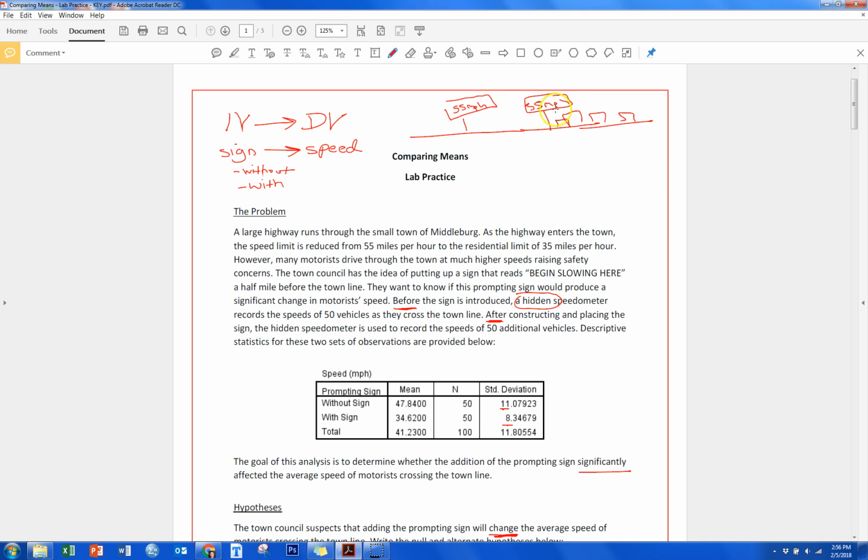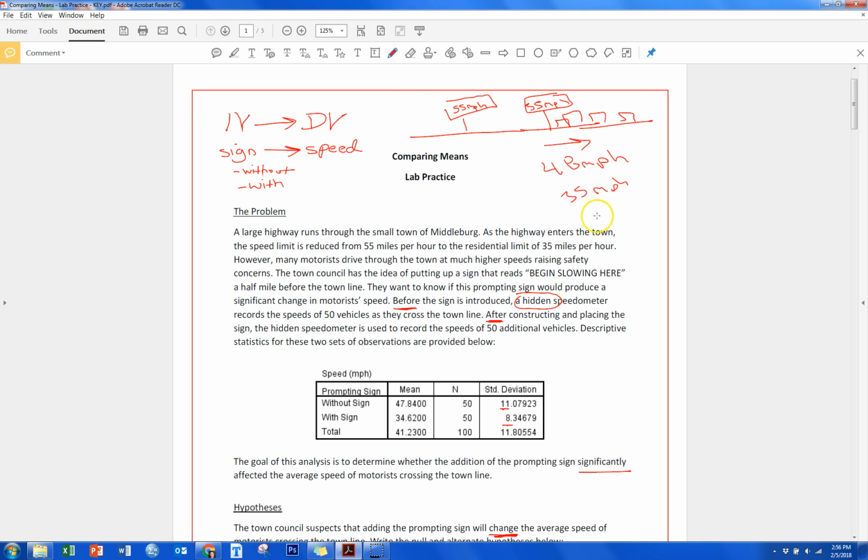So here's how fast they're supposed to be going. We're measuring their speed right around here. They're supposed to drop speed from here to here. So let's see what happened. Before they put the sign up, people were cruising through town an average of about 48 miles per hour. But after they put the sign up, their speed dropped to about 35 miles per hour.